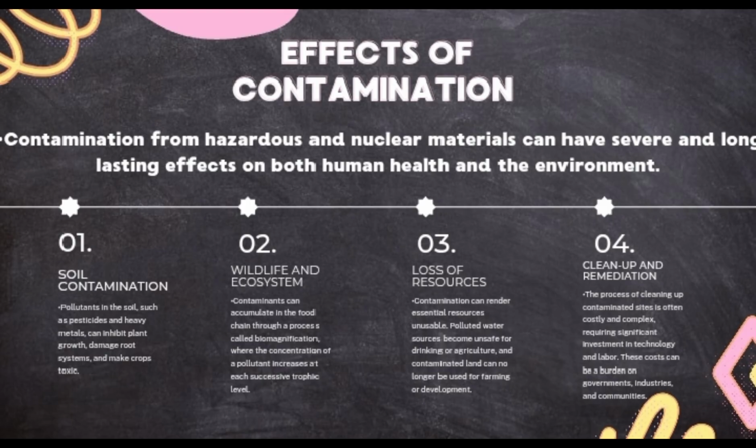Loss of resources. Contamination can make essential resources unusable. Polluted water sources become unsafe for drinking or agriculture, and contaminated land can no longer be used for farming or development. This loss affects food production, access to clean water, and overall community well-being.